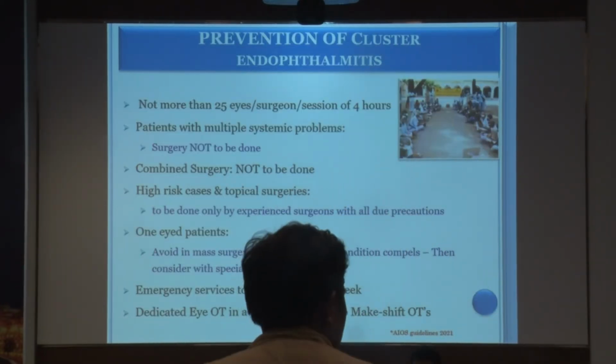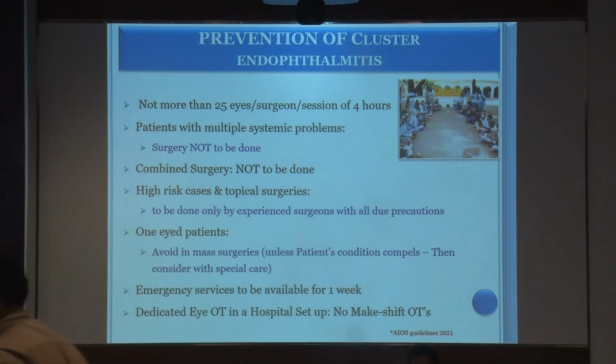As far as camp surgery is concerned, if you are doing camp surgeries, then there are certain recommendations based on our own AIOS guidelines that we should not do more than 25 eyes per surgeon per session of 4 hours. Now these days surgeons can do very fast surgery, but that doesn't mean that the surgery should take even less time; the measures to prevent infection should take more time, so that the patient does not have any infection.